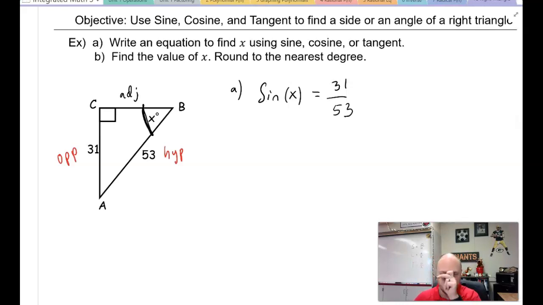Now what we want to do is solve this. So B, I want to solve this. Well, again, I want to undo the sine function. Don't I want to solve for x? I want to get x by itself. So how do I undo the sine function? Well, you undo it with its inverse. So I'm going to take sine inverse of each side.